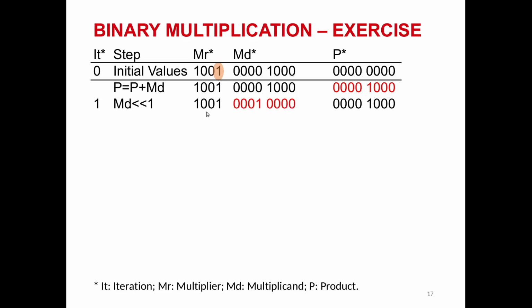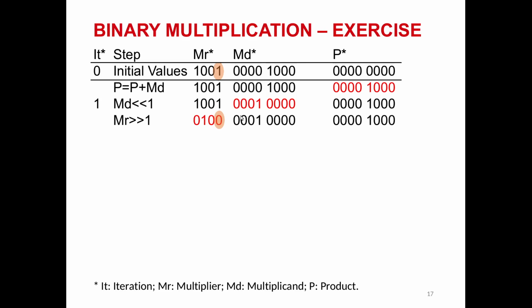No change in multiplier and product at this step. And then multiplier needs to be shifted one bit to the right, and so this bit with value 1 will be removed, and so it will be 0 0 1 from the right, 0 0 1, and then one more 0 will be inserted into the left.